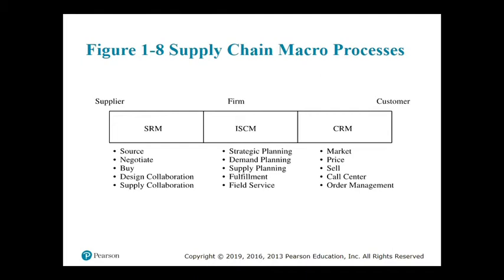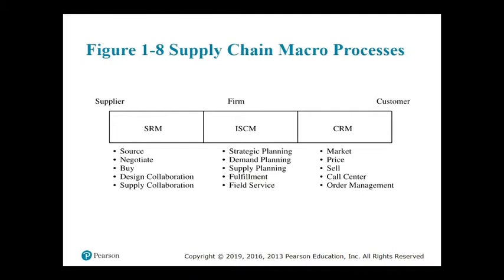But it's not unusual for these three departments to have different forecasts. So a lot of times they don't work very closely together, and as you can imagine, that brings negative impacts.